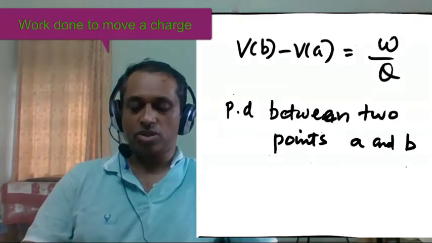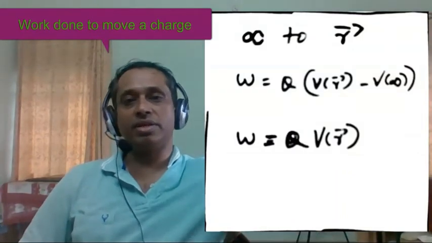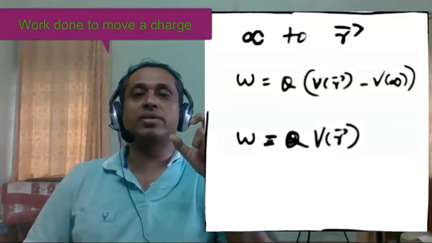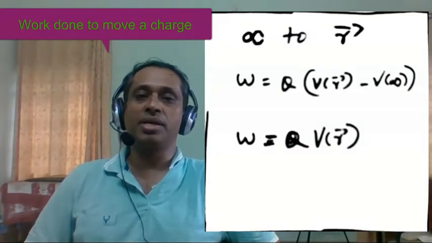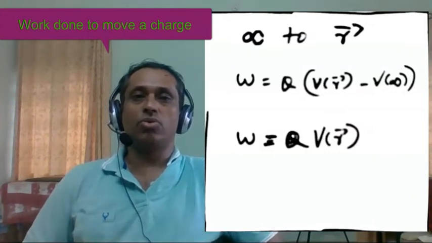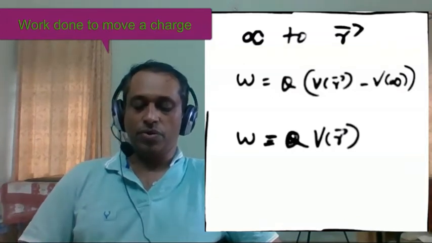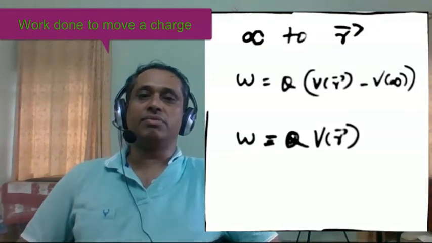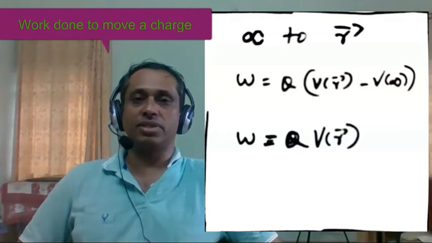Now suppose that we are moving the charge from infinity, a very far away place, to a point R. So A is now infinity and B is a point of position vector R. So the work done now is equal to Q times V of R minus V of infinity. V of R is the potential at R, V of infinity is the potential at infinity.